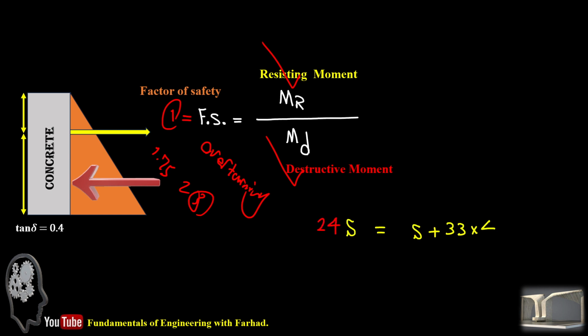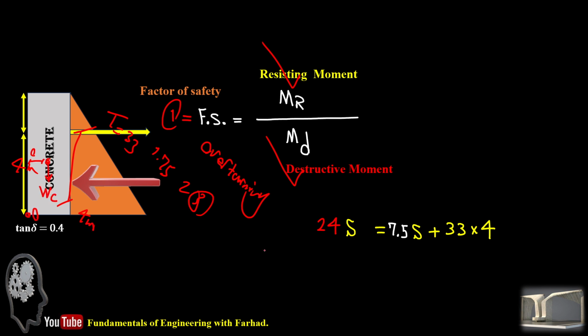So it gives us 24S is equal to the destructive moment, 7.5 times S plus 33 times 4, which is the tensile force times the arm, which is 4 meters, already provided in the problem statement.